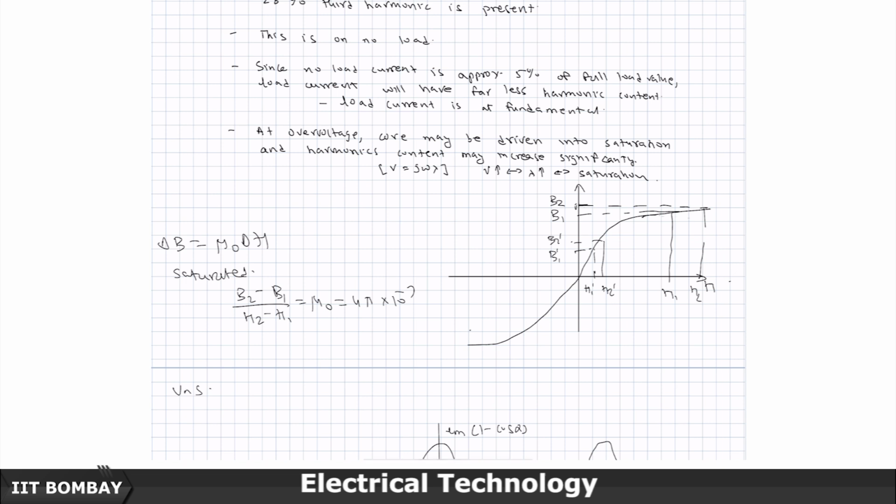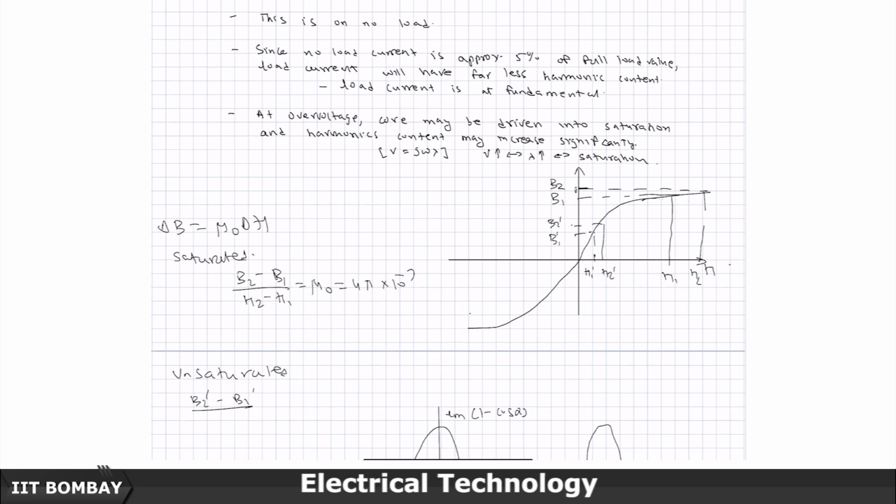For unsaturated, B 2 dash minus B 1 dash divided by H 2 dash minus H 1 dash is going to be equal to mu 0 into mu r, and as I said mu r may be like 1000, 10,000. So, the slope here is very large, and the slope there is very small.